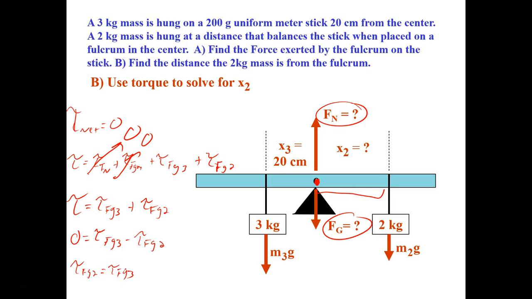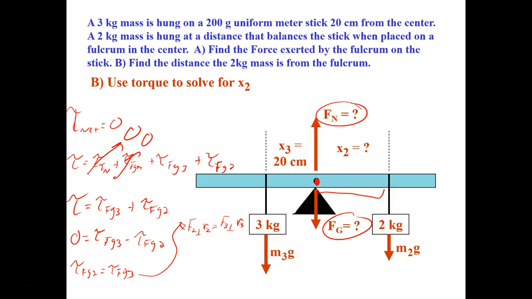We know that torque is equal to the perpendicular component of our force times the radius. So it's F2 perpendicular times the radius is equal to F3 perpendicular times its radius.